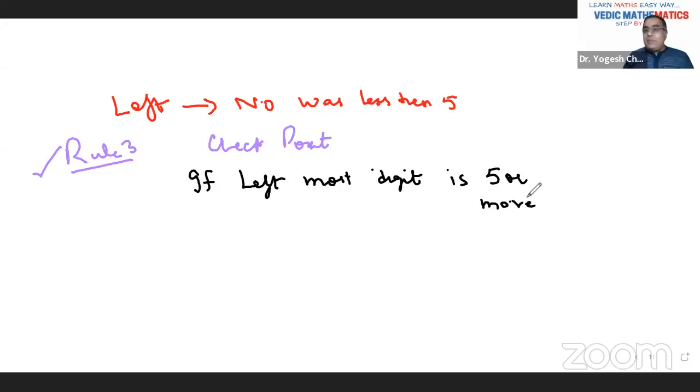But this is because we don't want numbers above 5, so that is the reason we put this condition. If the leftmost number is 5 or more, add a 0 to its left.